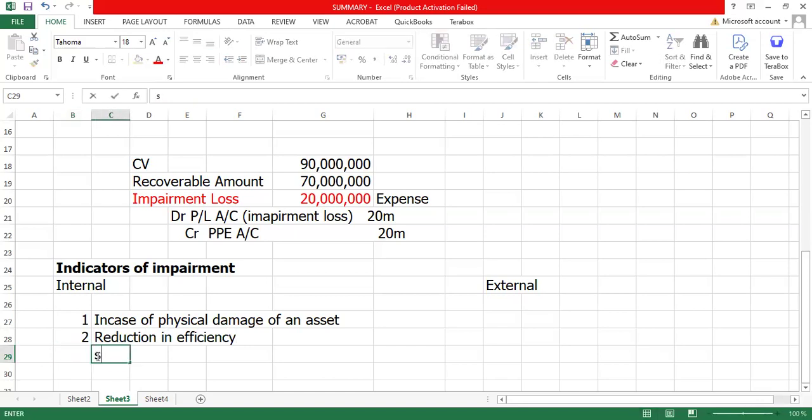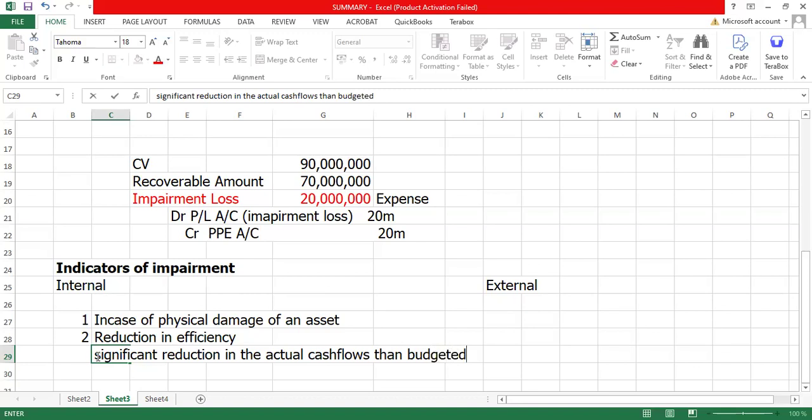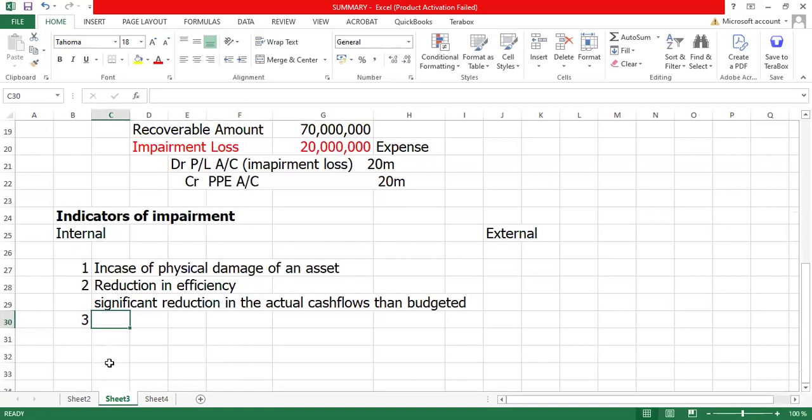Another person can say significant reduction in the actual cash flows than the budgeted one. That means the same.